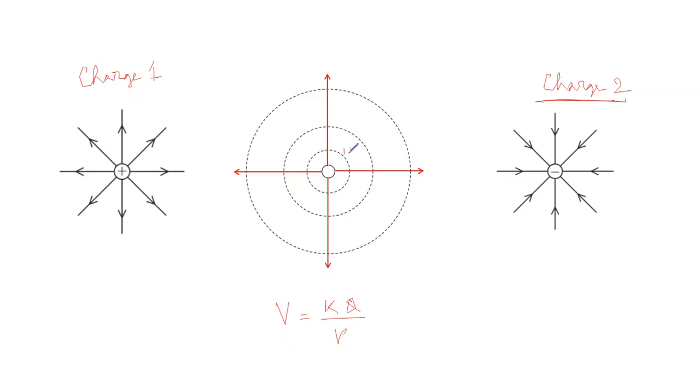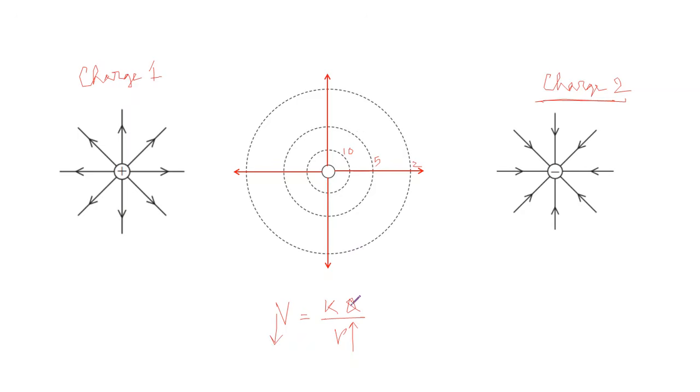Let's say this is 10, this would be maybe 5, and this would be 2. As the distance from the center increases, the electric potential V decreases.